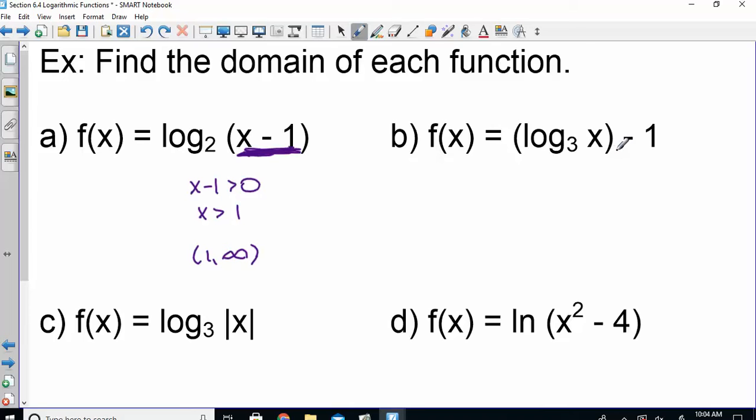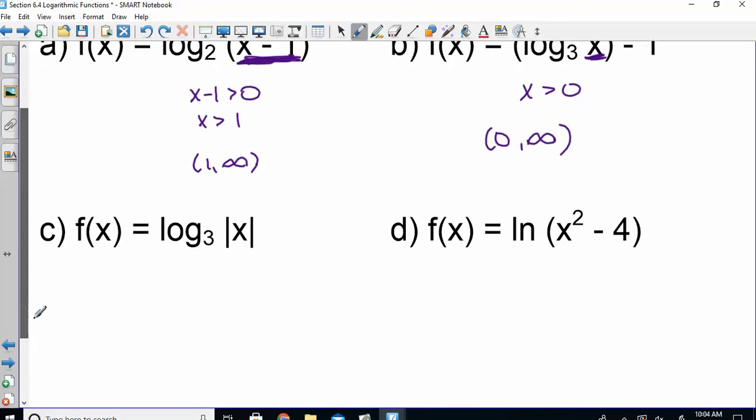Okay. B. This minus 1 on the end just moves my graph up or down. Does it matter? No. So all you look at is the thing you're doing the log of has to be greater than 0. Okay. C. Kind of trick you a little bit here.